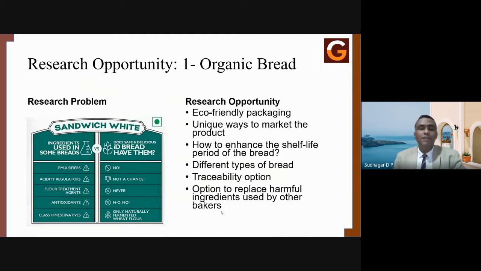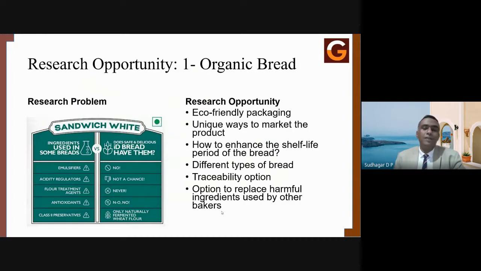They would have spent so much time, money, and energy to create a bread without using any of the artificial ingredients which are prevalently used by other manufacturers in the market. So ID has focused on creating a product which does not have any kind of artificial ingredients.